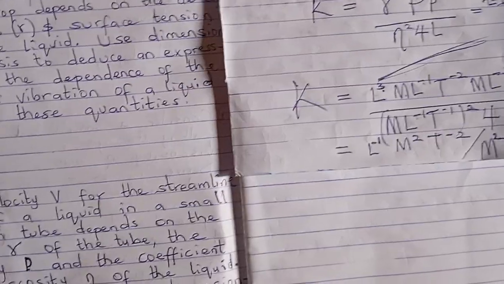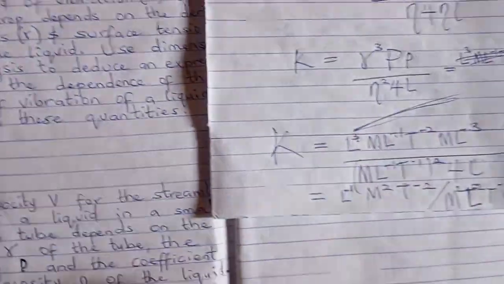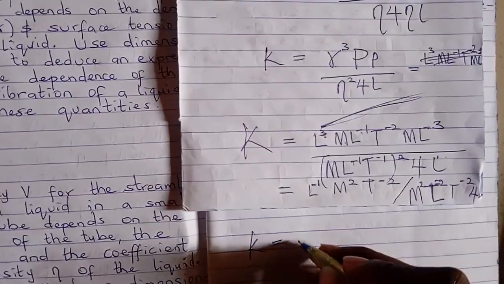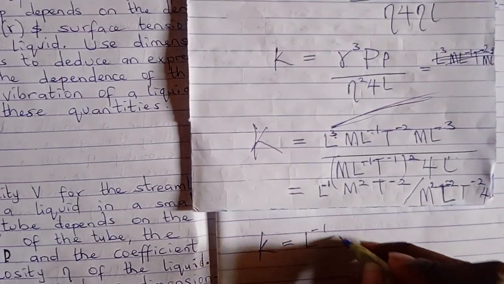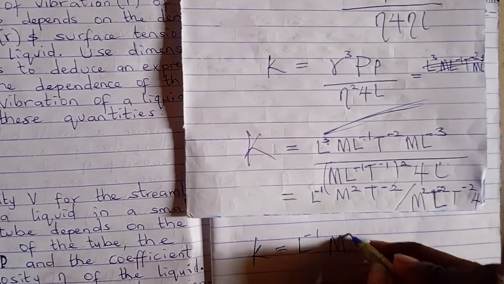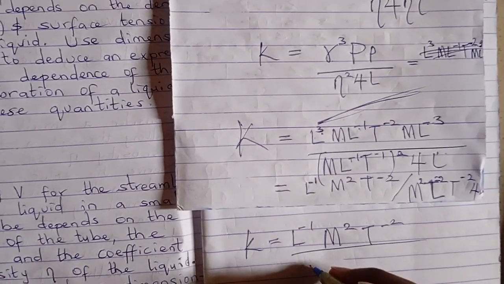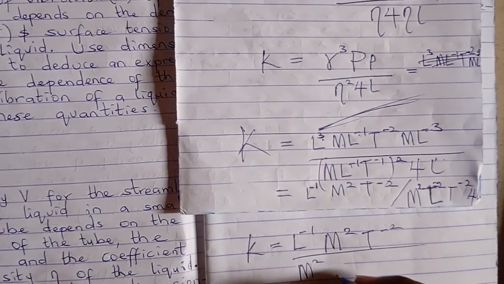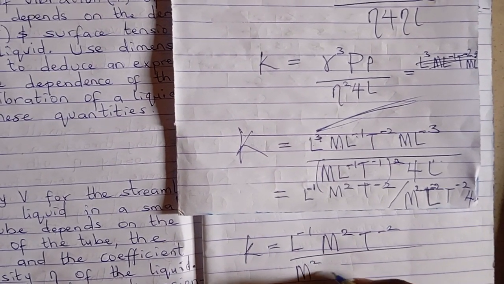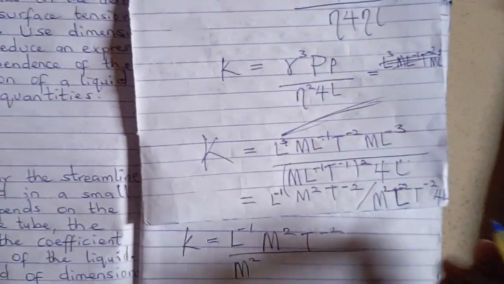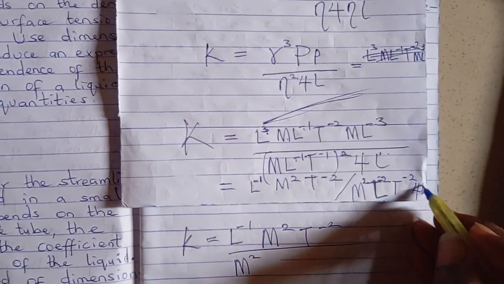At this junction I can now say k is equal to L^-1 M^2 T^-2 all over M squared. This is multiplication. Remember we have 4L here.